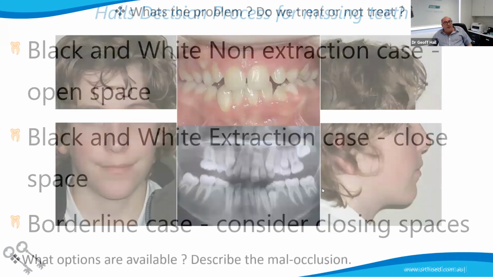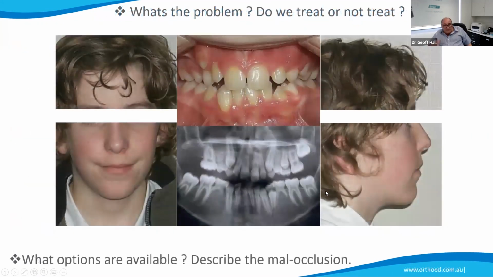So, interesting case here, because this patient went to another orthodontist. And this patient came to me, patient missing teeth. So we're missing one premolar on the upper right side. We're missing nothing on the upper left side. We're missing one premolar on the lower left side, and we're missing 2 premolars on the lower right side.